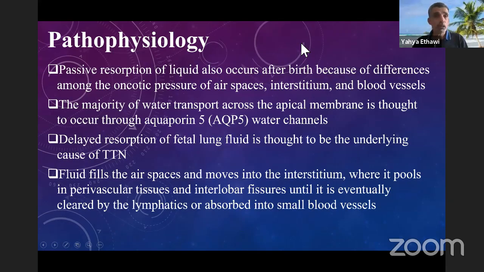Now, the pathophysiology: again, the passive reabsorption of liquid, as we said, occurs just before birth.